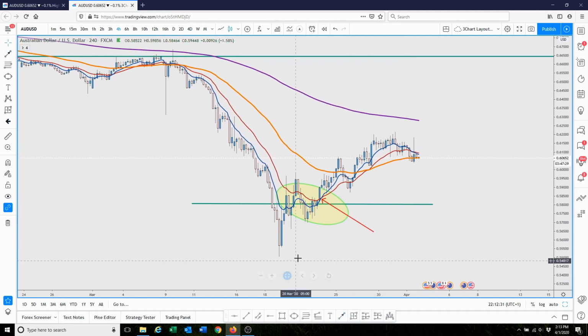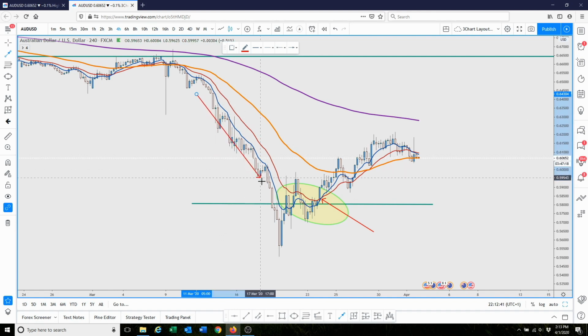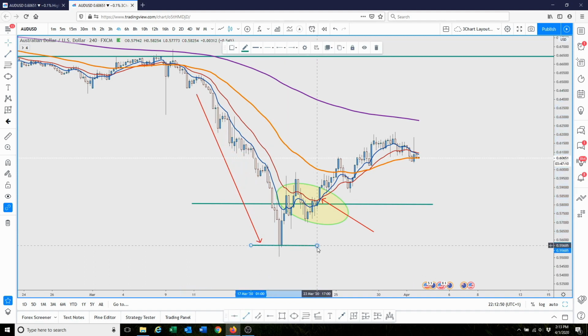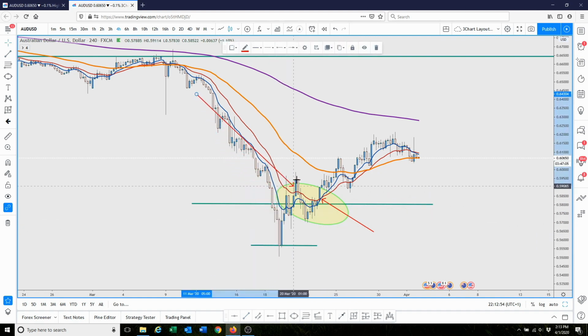And let's examine market structure. This is the other thing I emphasize: we must understand market structure. So the trend was down, falling pretty fast, and then we made a low here. Let's just mark that off. And now we're retracing.